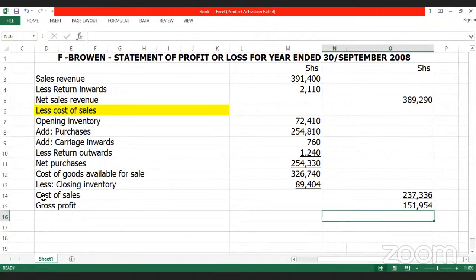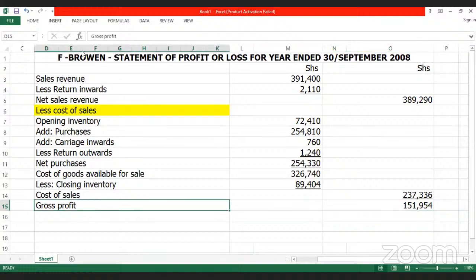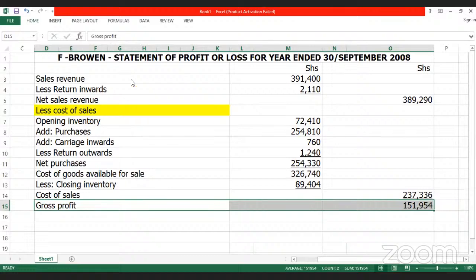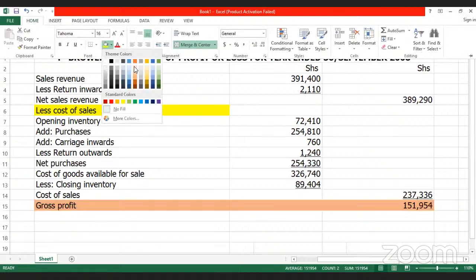This is our gross profit for the business.